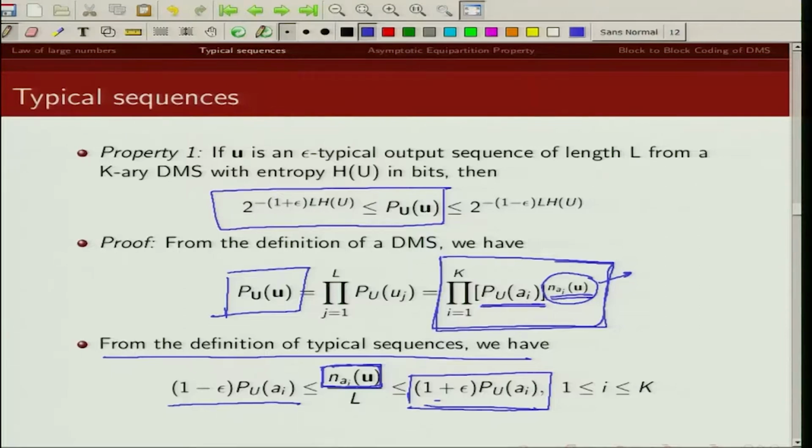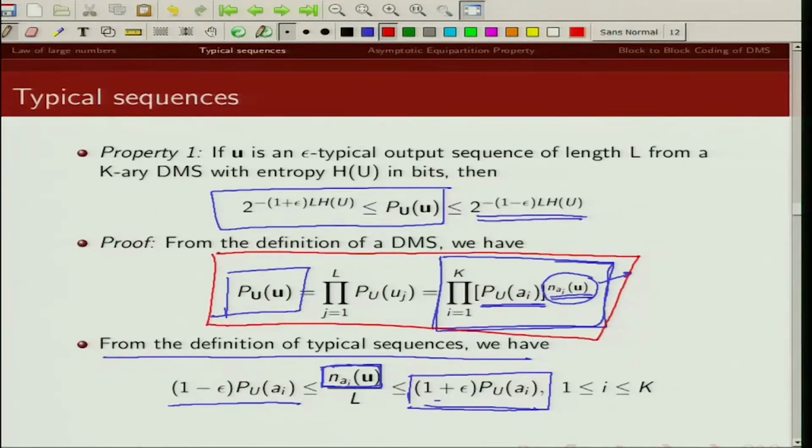Now following the same procedure, we can prove that probability of U is less than or equal to this. So we'll proceed in exactly the same fashion. We are going to first write the expression of probability of U, which will be given by this expression.